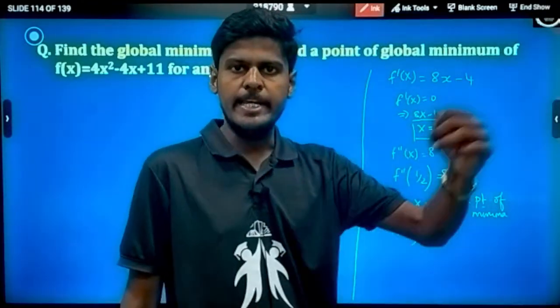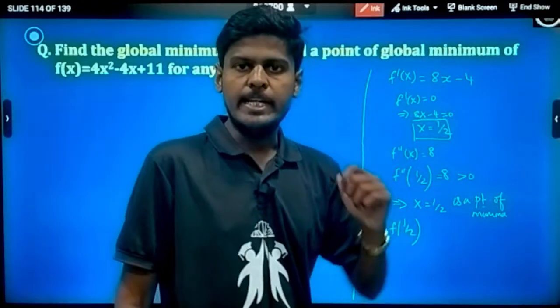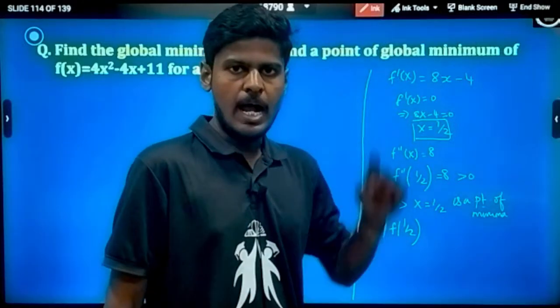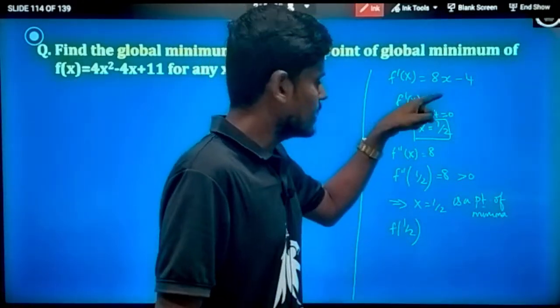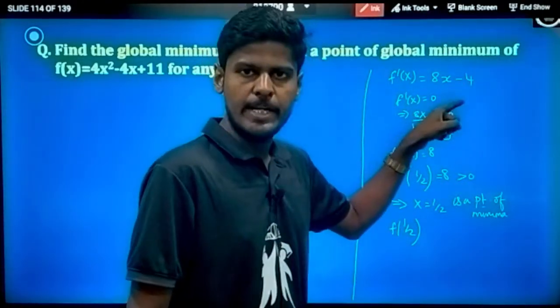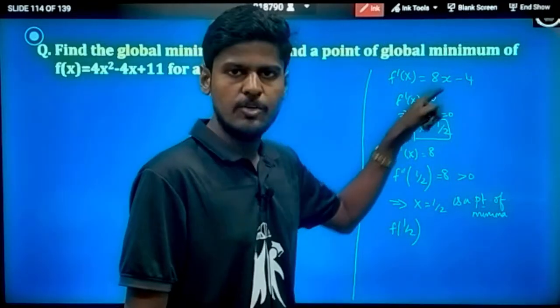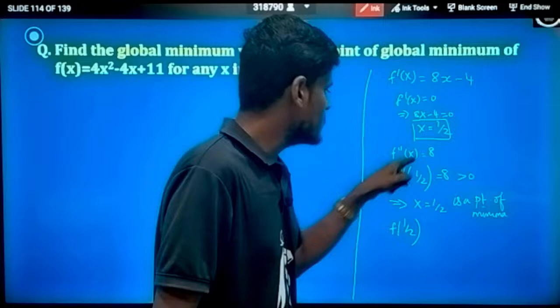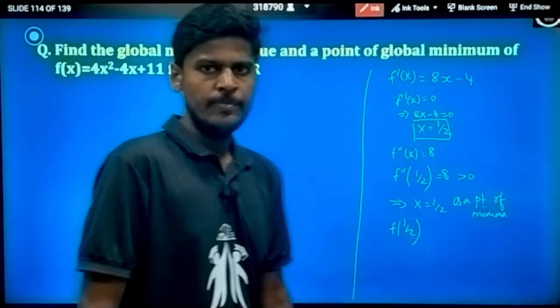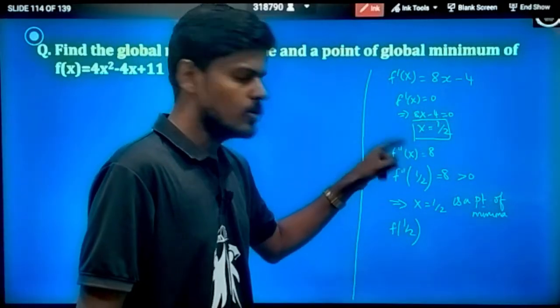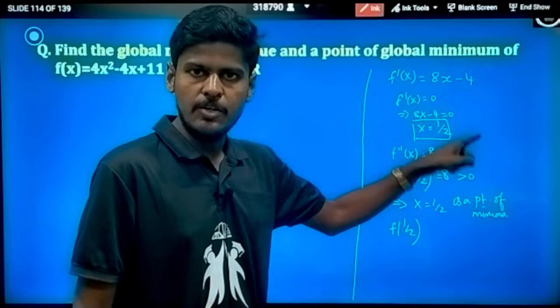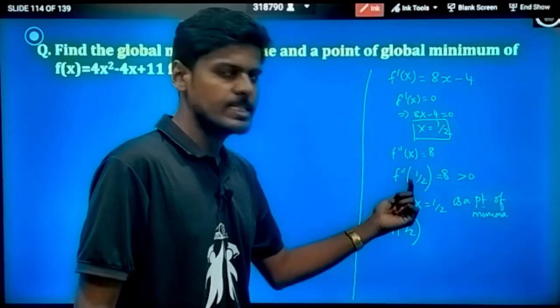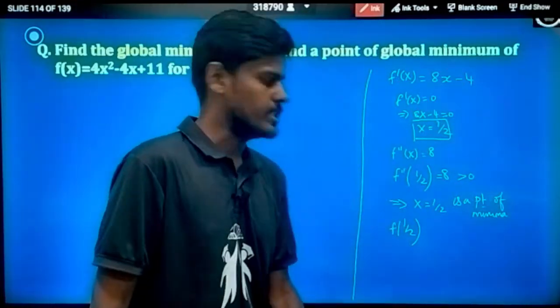Always first find the critical point by setting f dash equal to 0 and finding the x value. Only at those points check the double derivative value. If it is greater than 0, that is a point of minima. If it is less than 0, then it will be a point of maxima.